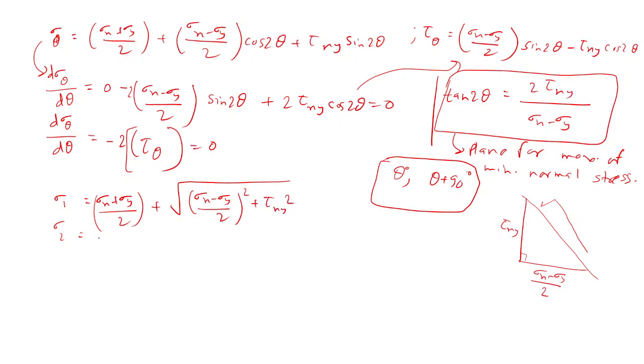And for sigma 2 it would be the minus, right? So sigma 1, sigma 2, this formula you would be knowing, and we know the value of tau max. What would be the tau max? How will you find that?